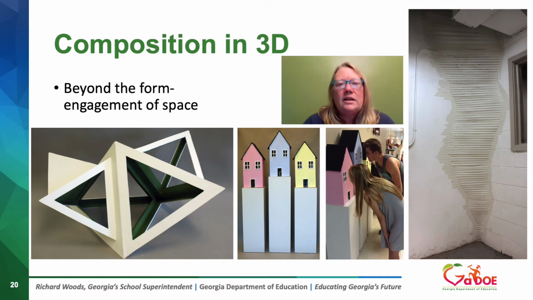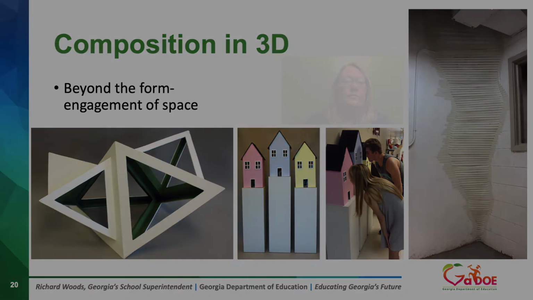And it's really later that students start to think about that engagement of space and how some sculptures are created with the intention of the environment in mind prior to beginning construction of the form.